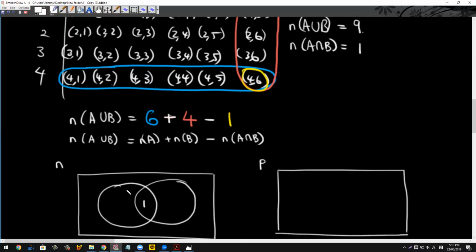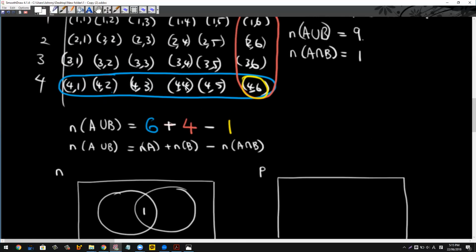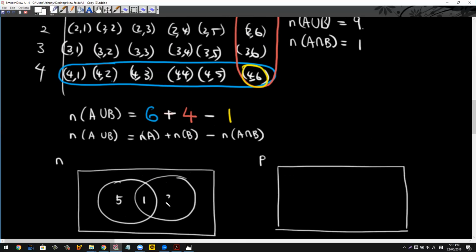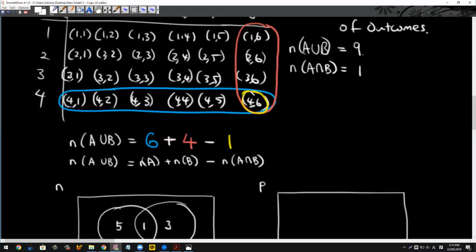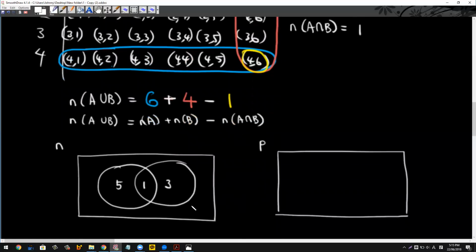That's A and B. A only is 1, 2, 3, 4, 5. So that's 5 here, making a total of 6. And this one here is 4, so this must be 3. So that's 1, 2, 3. That's B only. This one is A and B. Making sense? And this one is 15 on the outside.